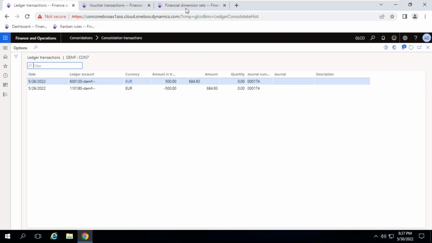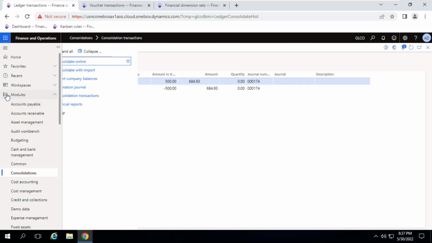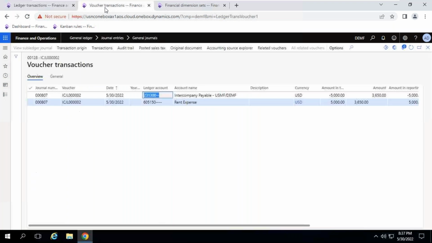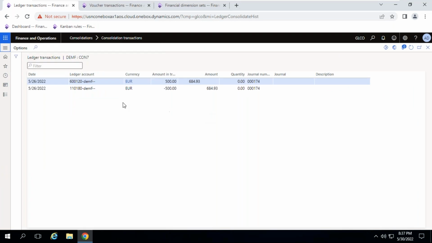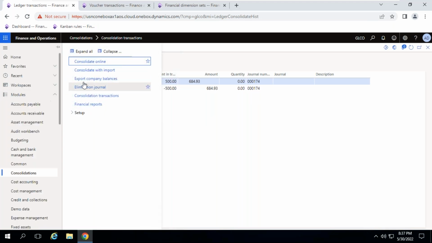But in the previous screen, there are two journals with the same number. So here in the DMF company, it was posted like 0807. Okay, we'll see this one tomorrow.